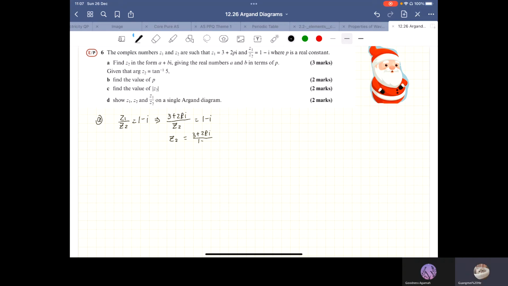Great, that's it. Now you'll realize we cannot make Z2 into the form a plus bi if we don't do something to this fraction. Do you know what we need to multiply this fraction by so that we can get rid of the complex number in the denominator? The conjugate. Yes. And what is it? 1 plus i. Yeah.